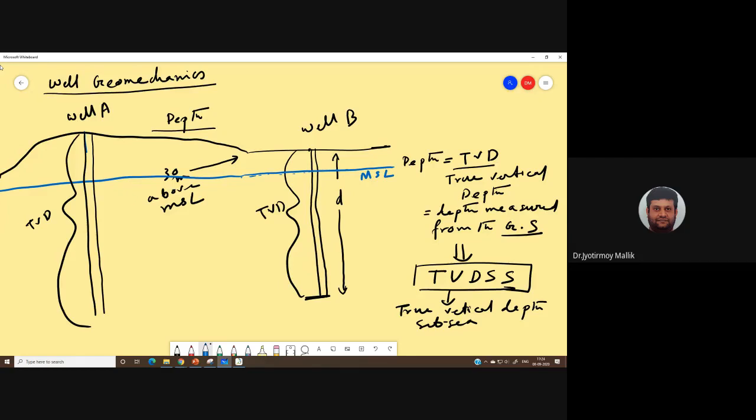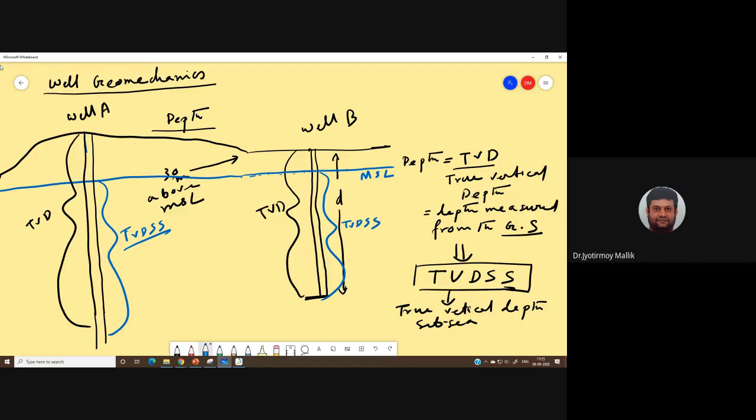I can see the mean sea level is the same for both wells. So I can express the depth with respect to the mean sea level for this as well as for this one. Okay, so this will be the TVDSS and this will be TVDSS.